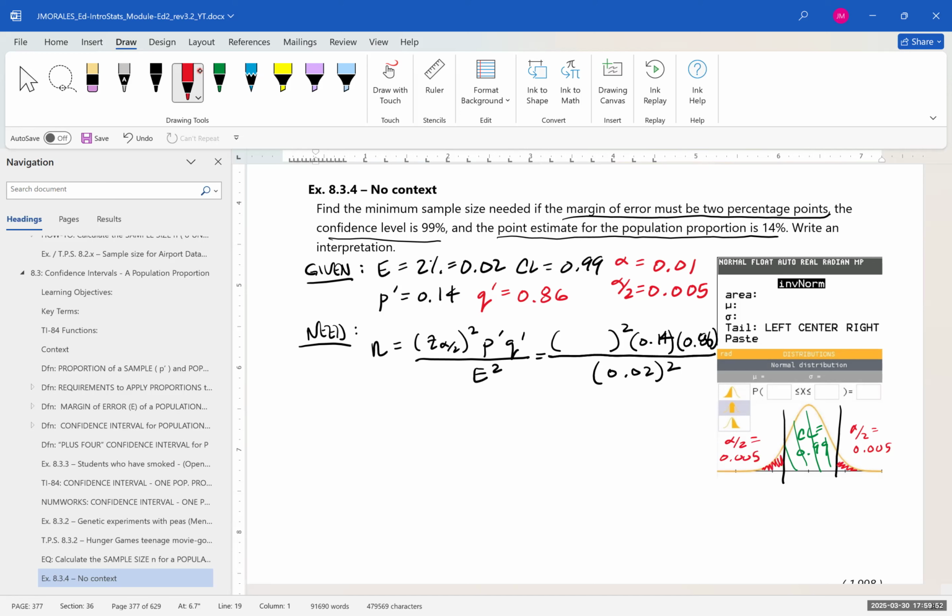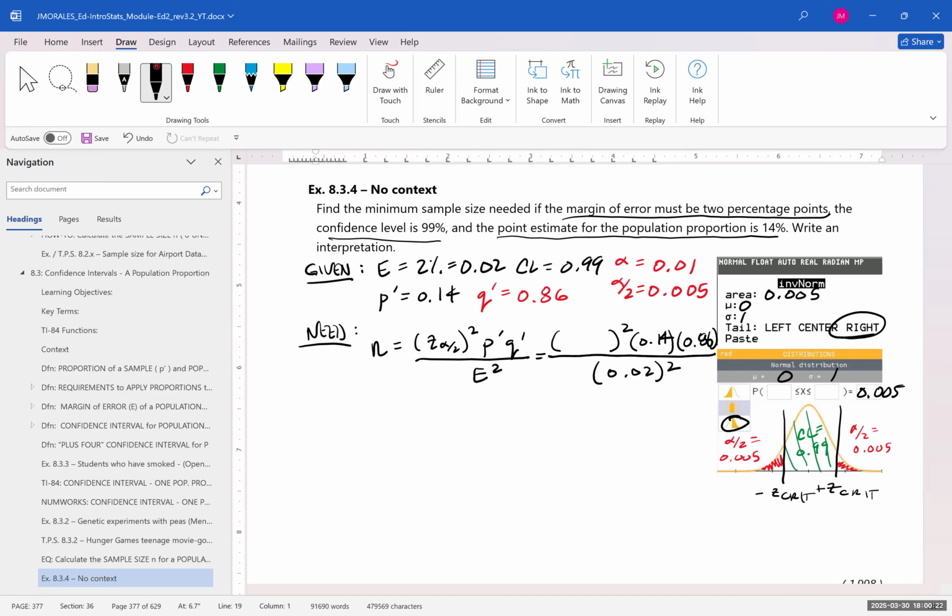So we have that amount on both sides, and we need to find our positive Z critical value. So we're going to have an area of 0.005 with a mean of 0, standard deviation of 1, on the right.